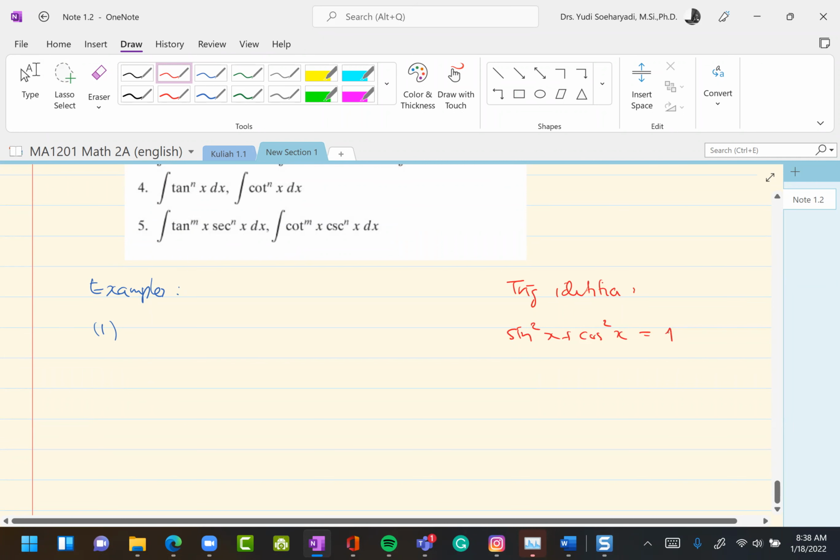Okay, if you divide by sine square x, then you get 1 plus cosine divided by sine. That's cotangent. 1 over sine is cosecant.